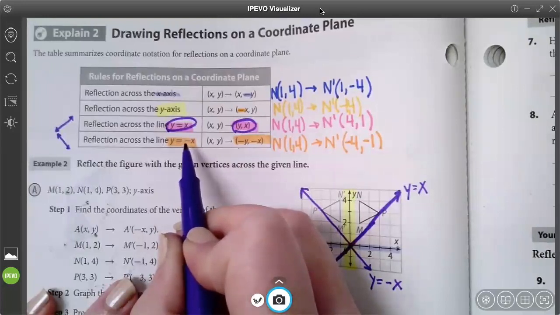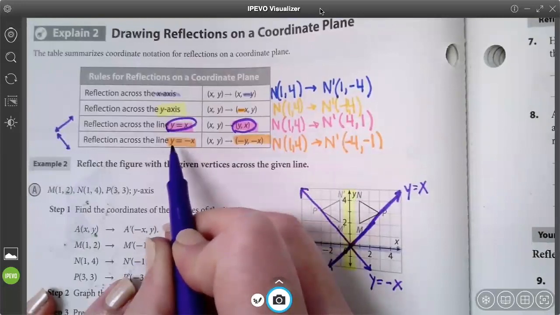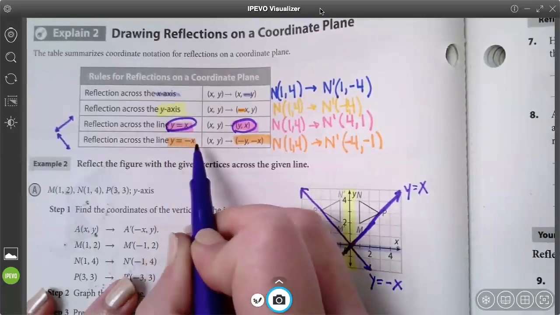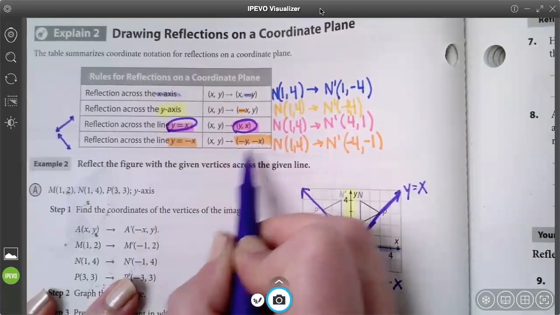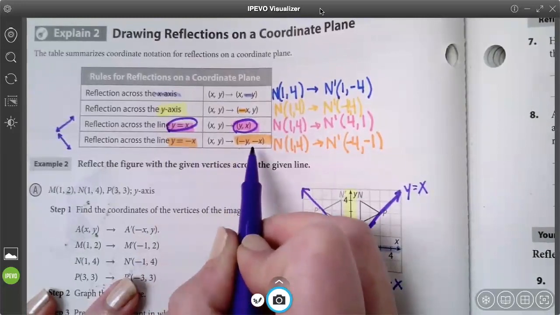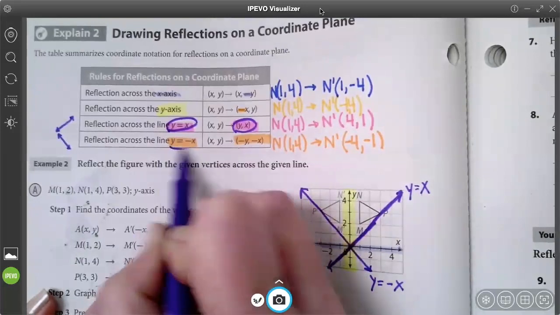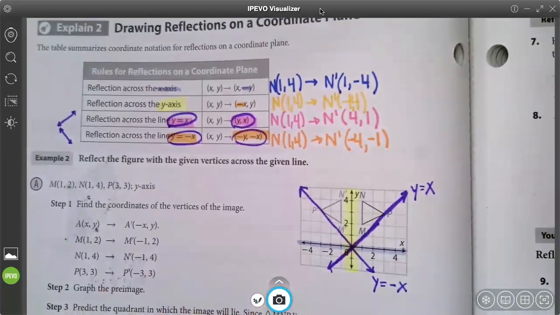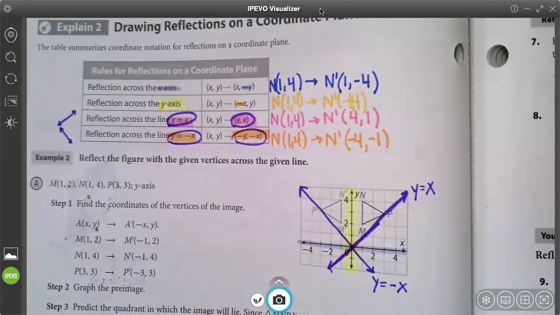You really shouldn't think of it as negatives because if your original coordinates are negative, they're going to end up positive. So y equals negative x, it's still the yx order, but you put negatives in front of both of them. So negative y, negative x. Now that's just how I remember it. You might come up with something that makes a little bit more sense or is a little more eloquent, but this works for me, and I hope it does for you also.